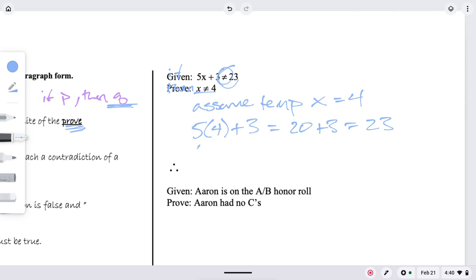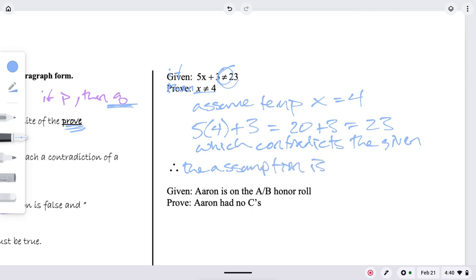So if I'm being really formal, I can say which contradicts the given. And then I'd be saying, therefore, again, that's what those dots mean anyway. Therefore, the assumption is false.